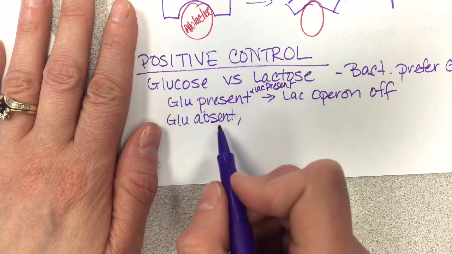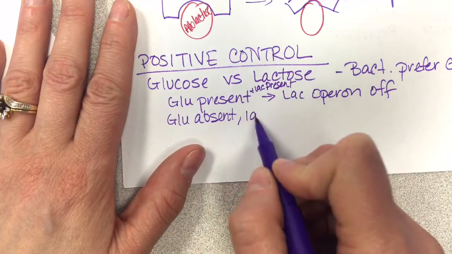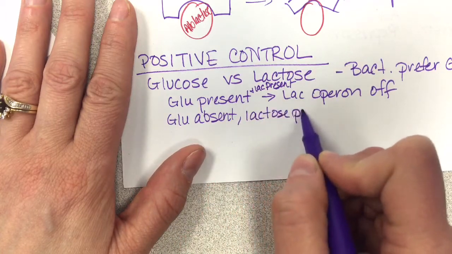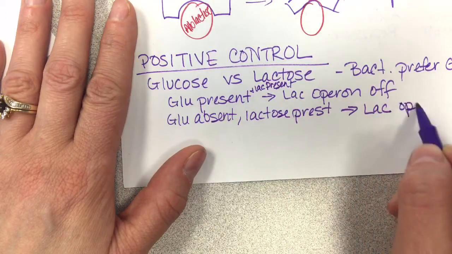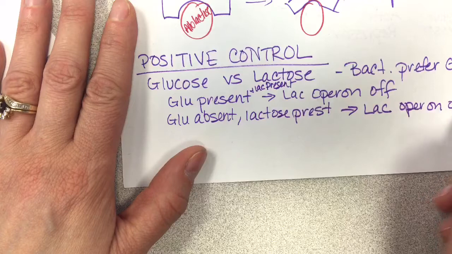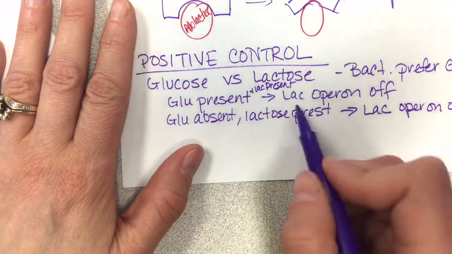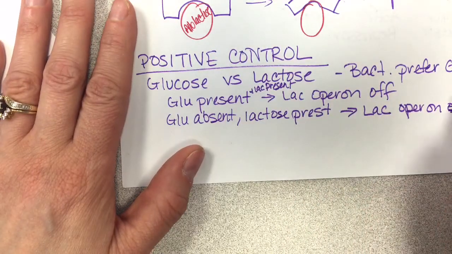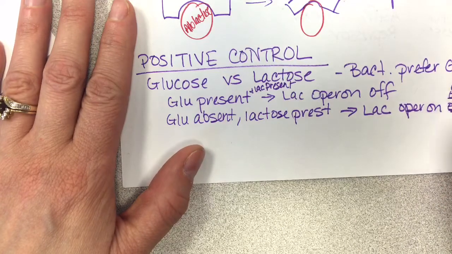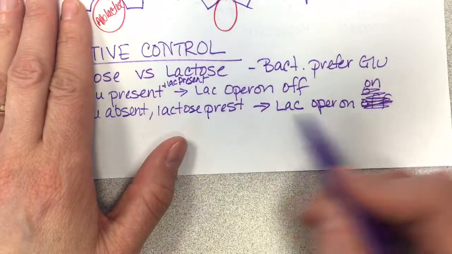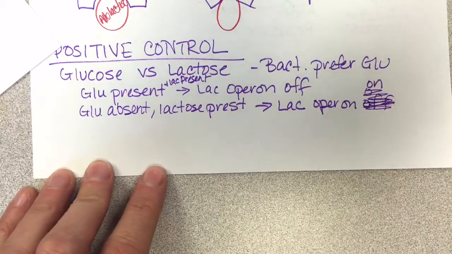Well, if glucose is absent and lactose is present, we want the Lac Operon on so that we do make the enzymes to digest lactose. So that's what we want: Lac Operon on.